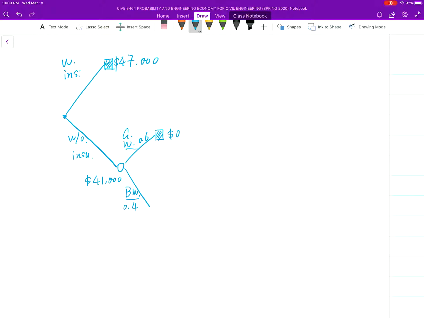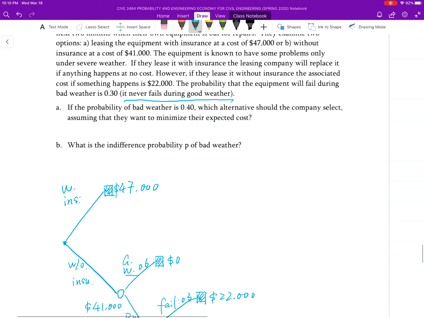In bad weather, there are again two things that can happen. The equipment could fail, with a chance of 0.3, or it may not fail and continue to work, with a chance of 0.7. If it does fail, that adds cost to your final paycheck. That cost will be $22,000.